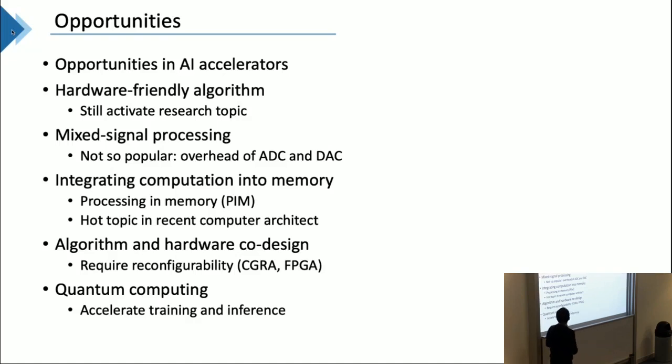The other direction, which I think is getting more and more attraction, is processing in memory and processing in network. Which means instead of squeezing all the compute resources into one compute chip, you can offload some computation near memory. For example, you can have some compute near your DRAM.